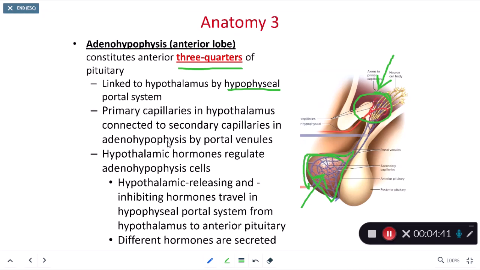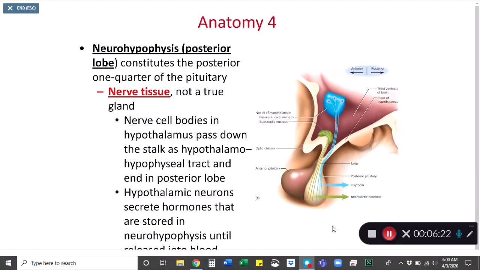And what ends up happening is that hypothalamic hormones from the hypothalamus are going to travel from this capillary bed down to the anterior pituitary gland, and those hormones are going to cause the anterior pituitary to release new hormones in response.